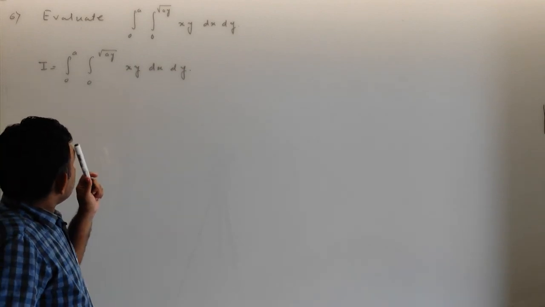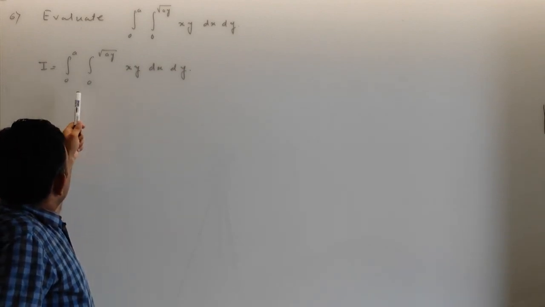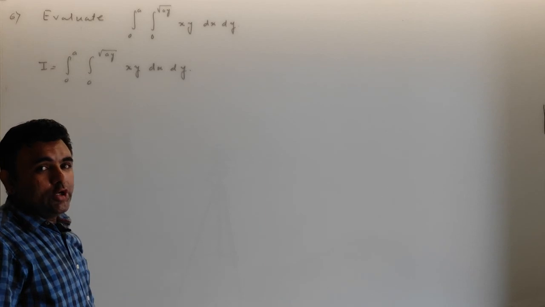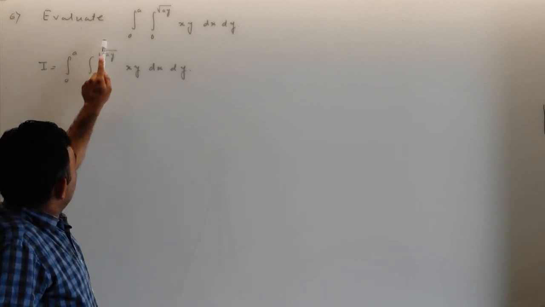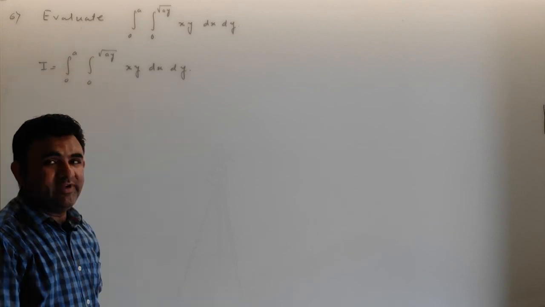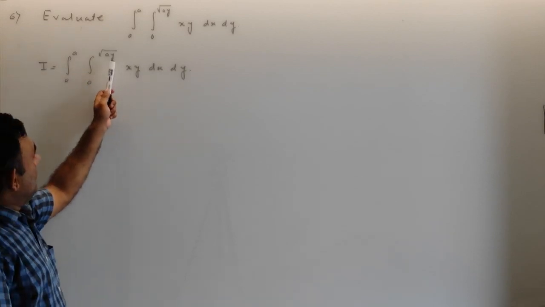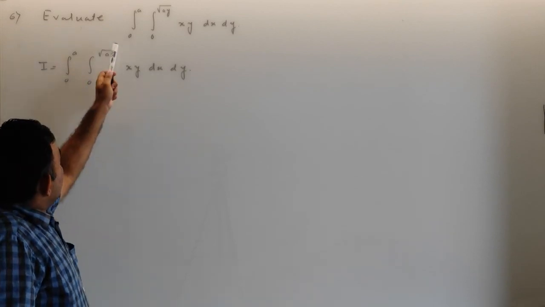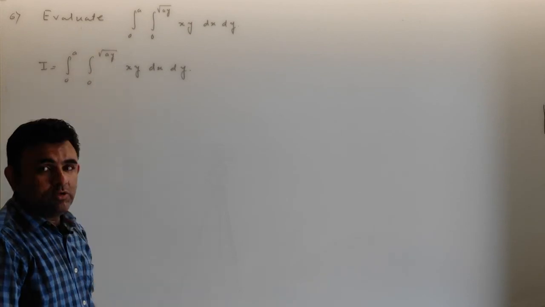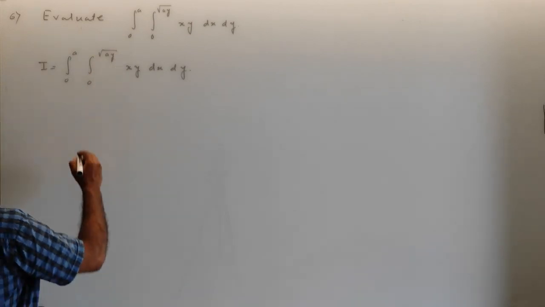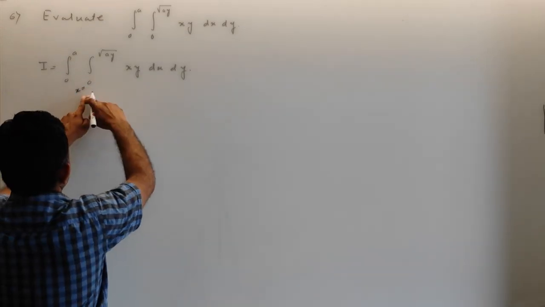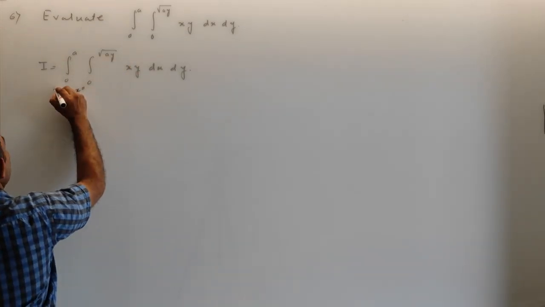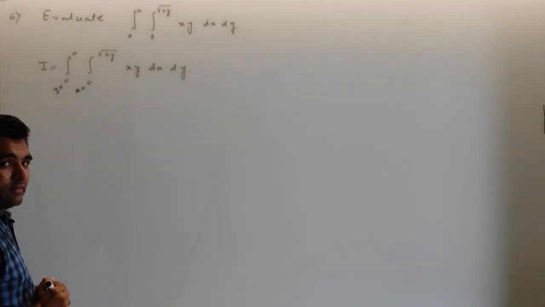See, here again one limit 0 to a is constant and 0 to under root ay, this upper limit, contains variable y. So this limit is variable. Now this limit contains variable y, so that will be the limit of the opposite variable, that is x. So now limit of x is decided, so now this will be my limit of y.